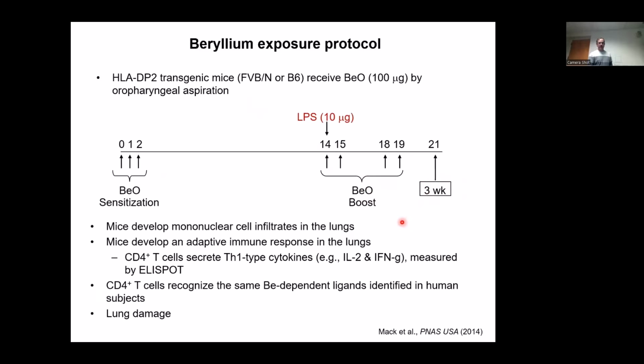The mice develop mononuclear cell infiltrates and an adaptive CD4 T cell response. And for something that happens in 3 weeks, modeling a human disease that spans years, decades, the CD4 T cells we pull out of these mice recognize the same beryllium-dependent ligands that we find in the human subjects.